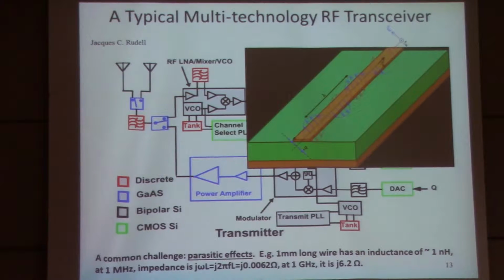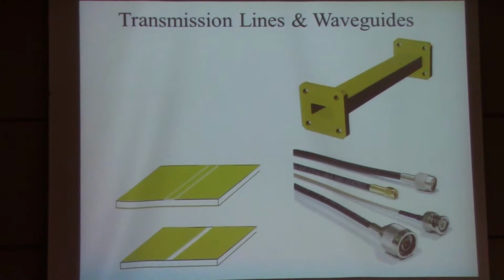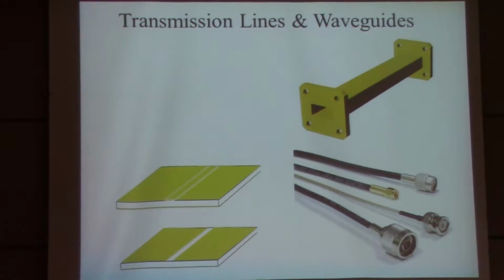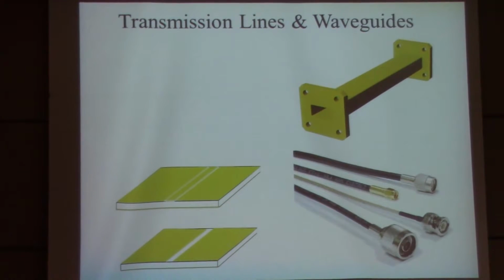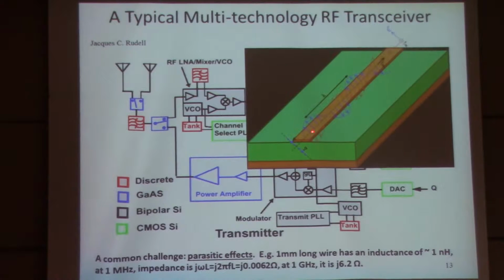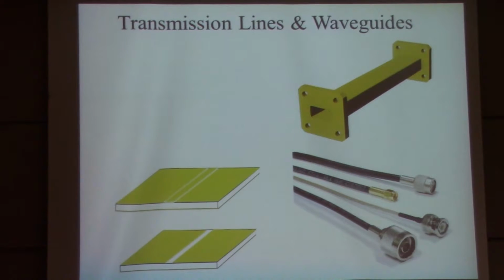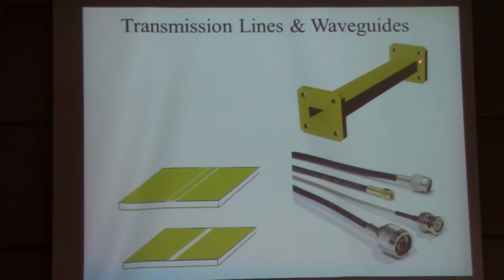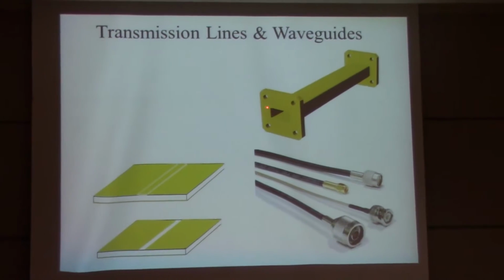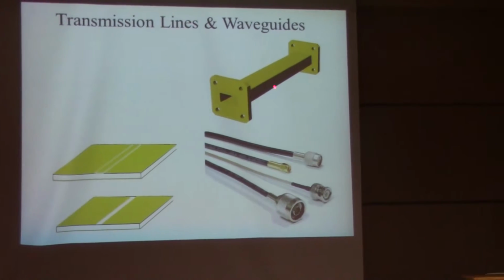Okay, so you have to consider those length-related effects or issues. So then you can look at those connections, and they are of their own category called transmission lines, or waveguides. For longer distance or higher power, people still use waveguides.